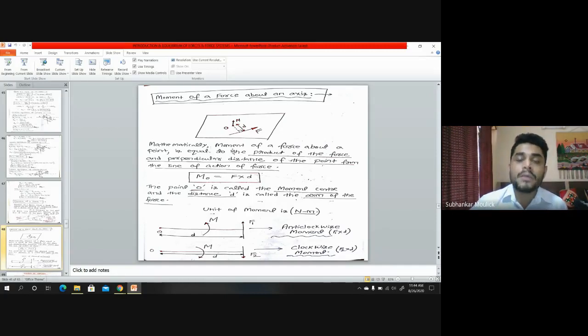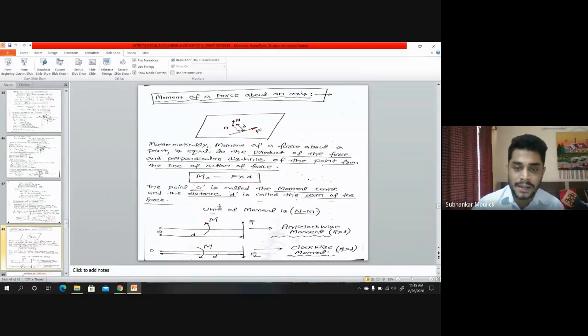Now can you tell me what is the unit of the moment? Can anyone tell me what will be the unit of the moment? Mathematically, moment is expressed as force into perpendicular distance, and that distance will be calculated from the point of application of the force to that particular point where you need to calculate the moment.